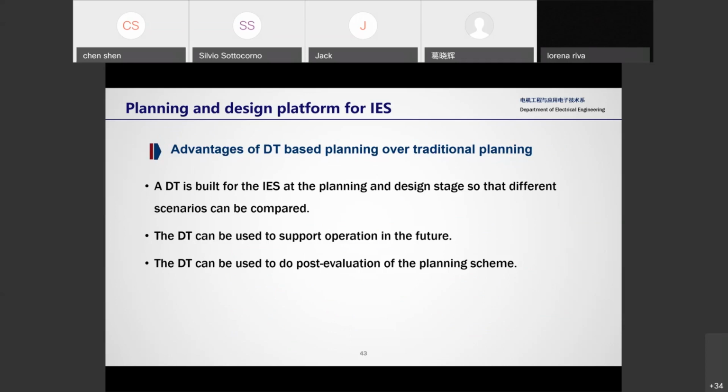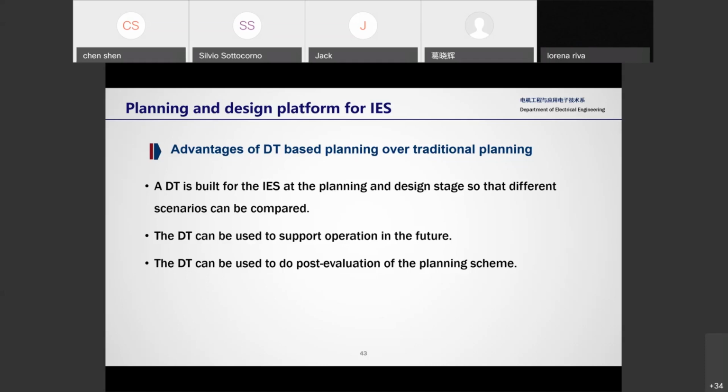The second advantage is that the DT can be used to support operations in the future. It's not only used in the planning stage, it can be passed to the operator to give some technical support for the optimization of operation.